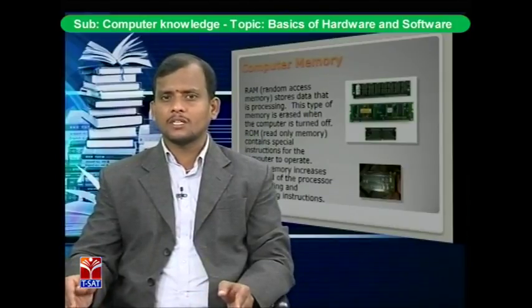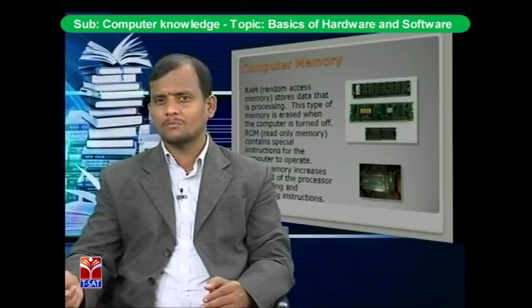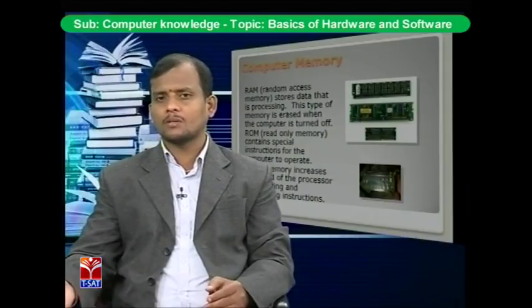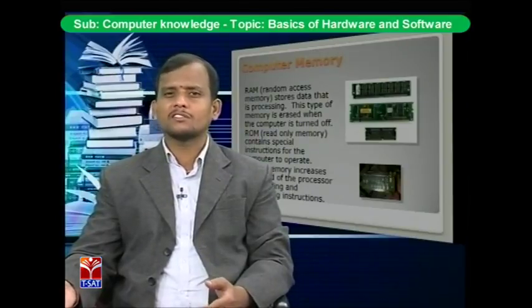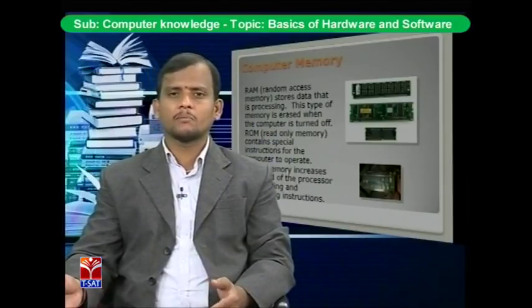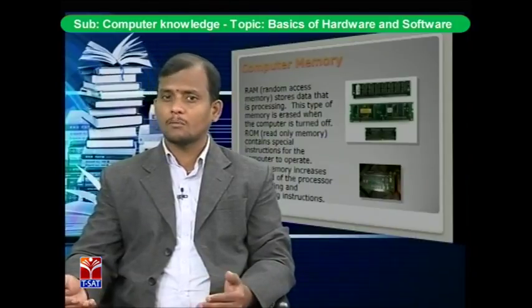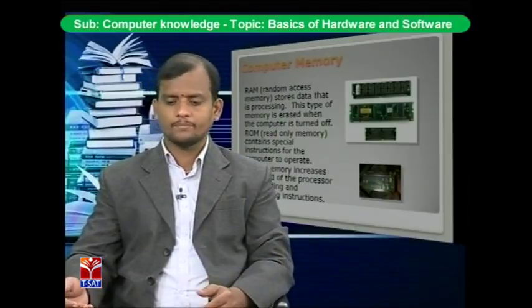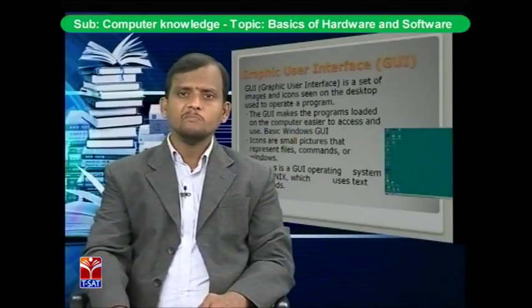So in the keyboard you have some memory which stores A, and if you press B, it stores B. That is also called cache memory. It is a very temporary memory, and it exists only till your system is on, till the process exists. So these are the computer memories.